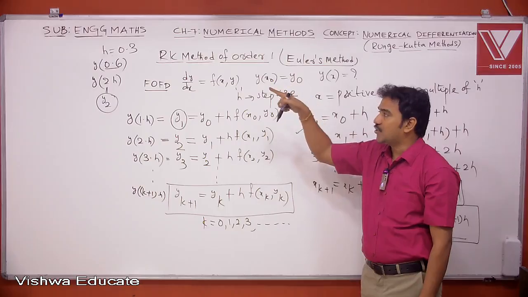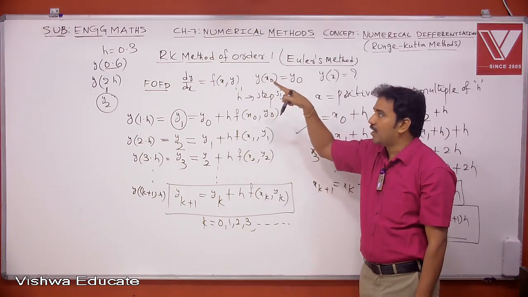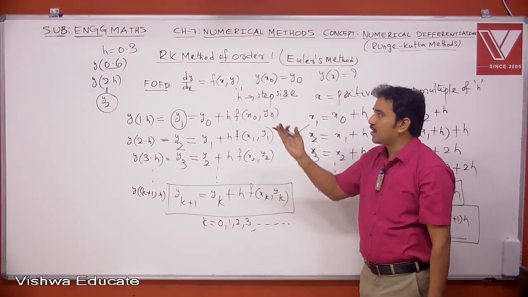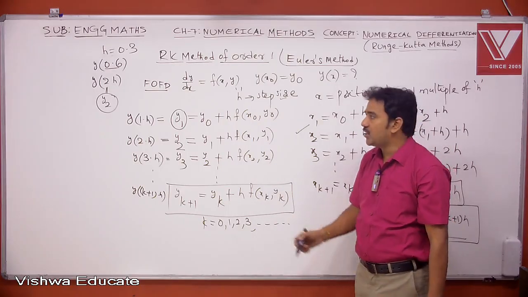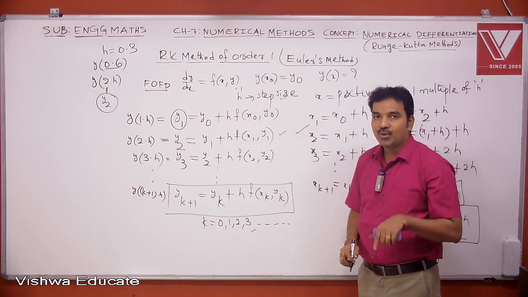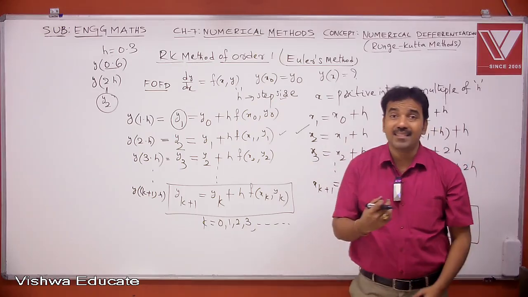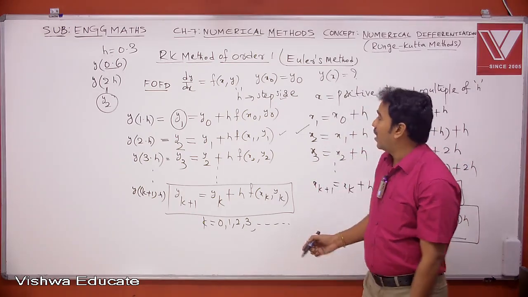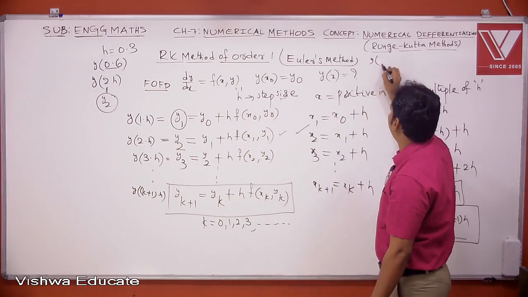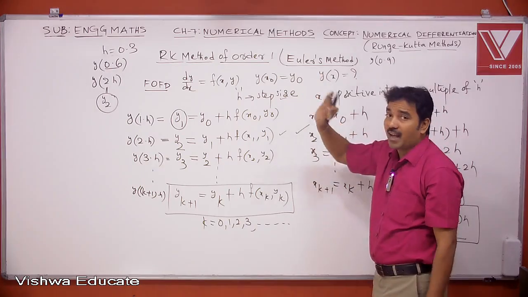So when h is 0.3, if they ask you y of 0.6, you express 0.6 as a multiple of 0.3. That is nothing but 2h. y of 2h means you need to find the y2 value, that is the value in the second iteration. So to get the value in the second iteration, you must know the value of y in the first iteration. Suppose they ask you what is y of 0.9 in this case, but h is 0.3, I am not changing.